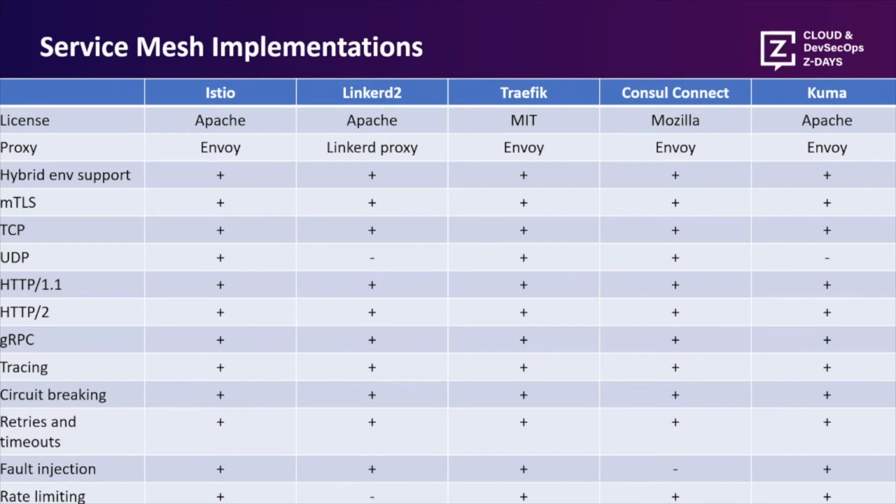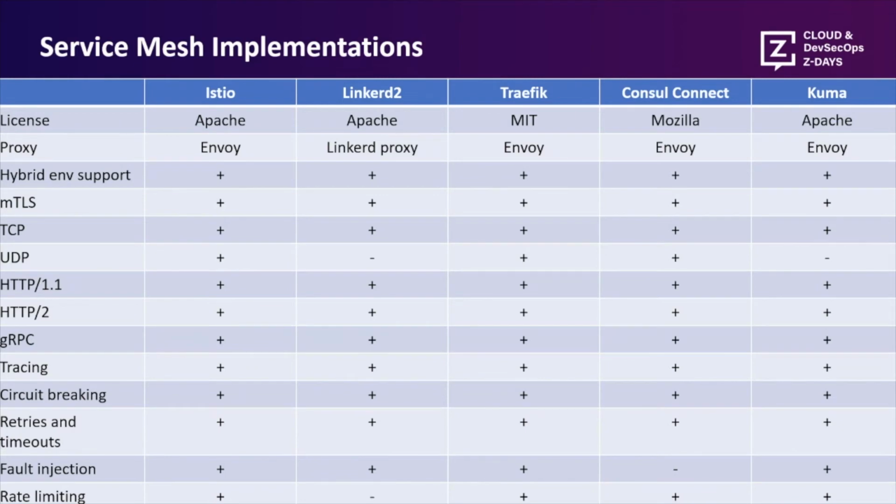All five represented here will have mTLS support, and will support TCP, HTTP/1, HTTP/2, and gRPC. If you are looking at UDP support, then your choice of service mesh implementations is more limited.